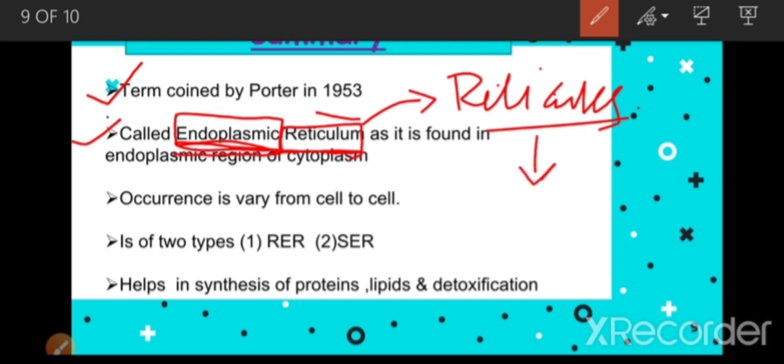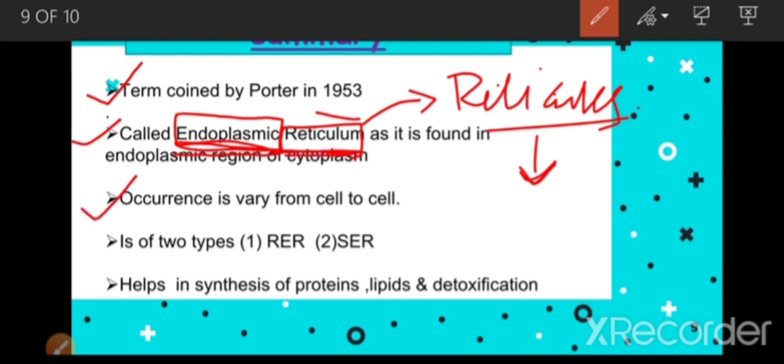Reticules is the term which was used for the netting purses used by the European ladies in the 18th century. And because of the appearance, when it was observed by Porter, it looked like a net-like structure scattered in the cytoplasm, and that is why it is called a reticulum. Is it clear?